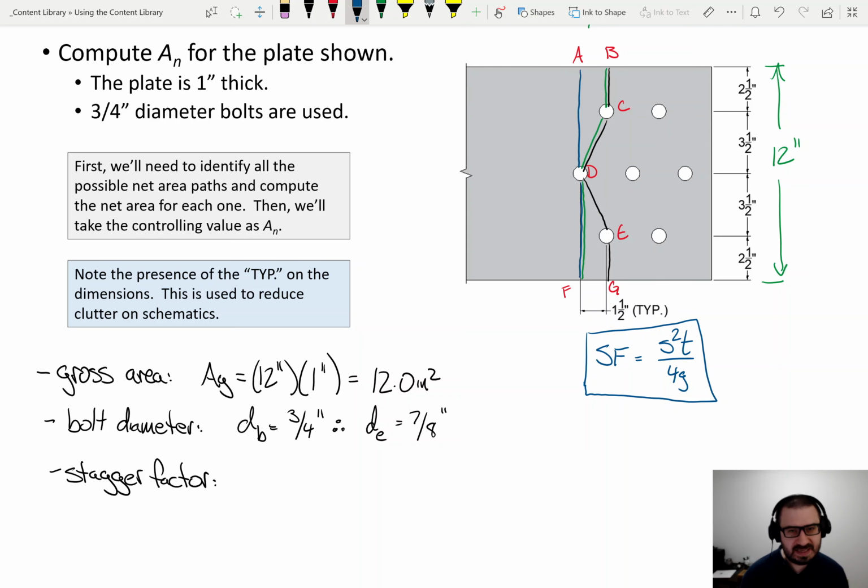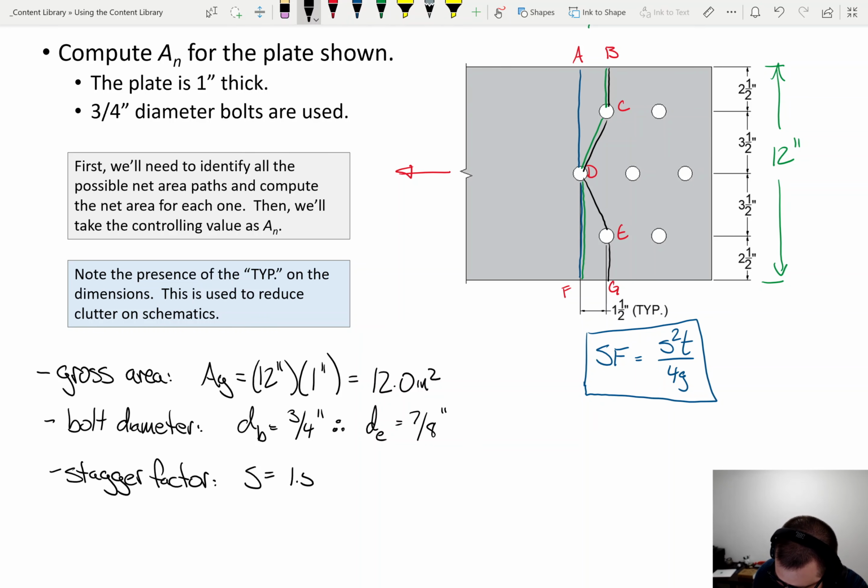Okay, so what's S and what's G? S is the longitudinal spacing along the direction of loading. So we're taking this element and we're loading it like this. This is how we're yanking on it. Okay, so if we're yanking on it this way, then the stagger is the longitudinal direction. In other words, stagger is along the direction of loading. So the S value in this case is going to be the 1.5, that typical dimension there at the bottom.